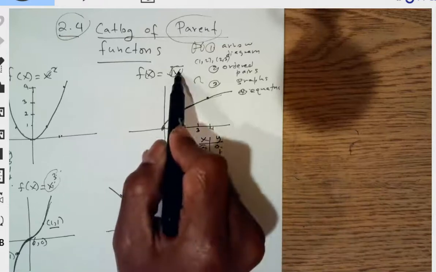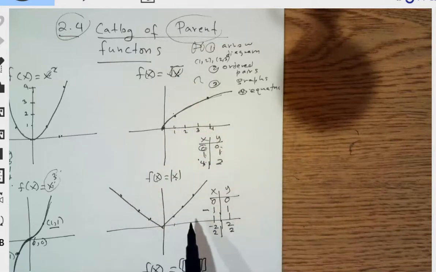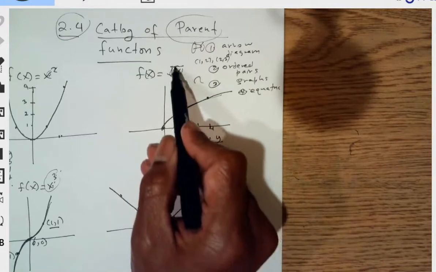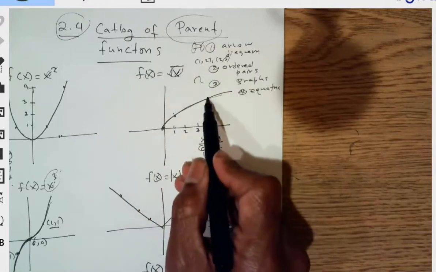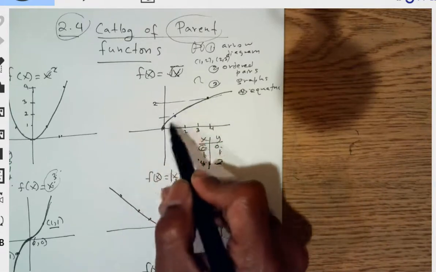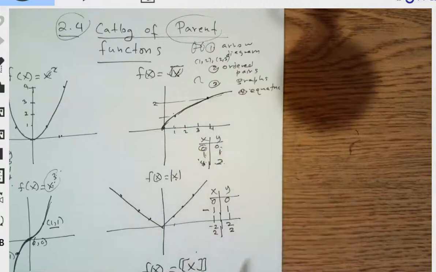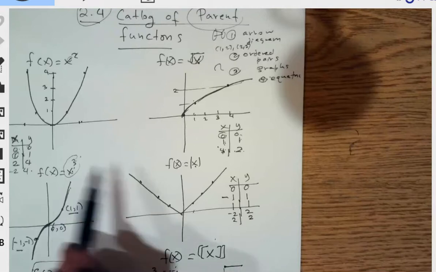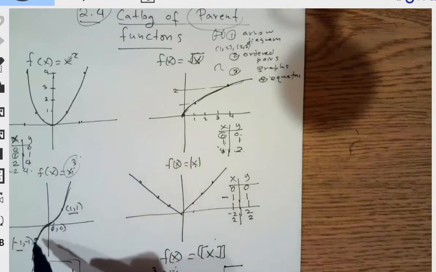Well, square roots of 2 and 3 are kind of decimals and stuff like that. But the square root of 4 is easy. So if you put 4 here, the square root of 4 is 2. So that should be enough for you to get an idea of the shape. The shape will be like that. Okay, and that's square root of x. So you should memorize these shapes for these parent functions.